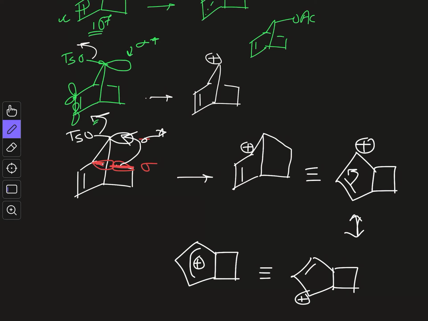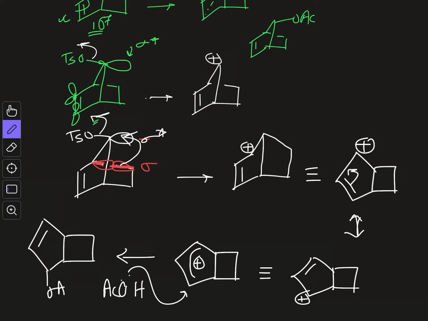And on this allyl cation, OAc, basically acetic acid, can attack either from this side or from the other side, but the product will be the same in both cases. So you will get this as your product. Due to the stability of this allylic carbocation, this carbocationic rearrangement will occur. So this is a kind of carbocation rearrangement.